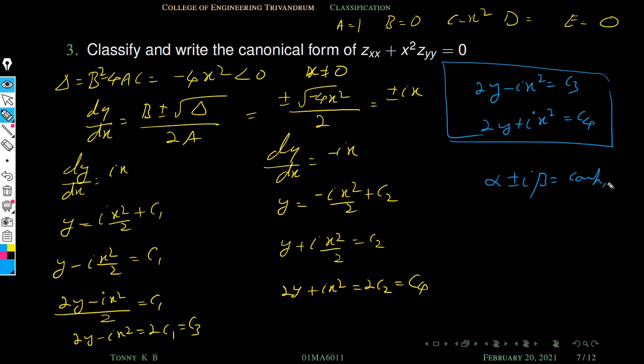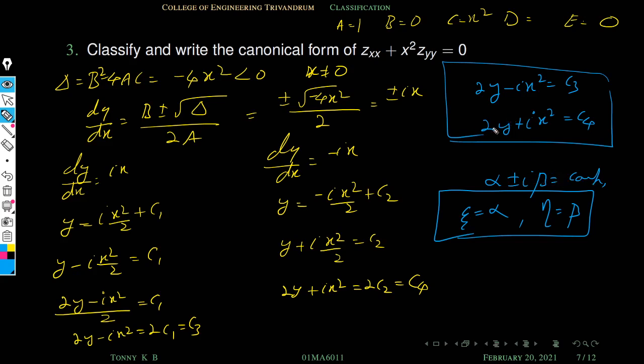So one method of choosing the transformation functions is, we choose the first transformation function psi as alpha and the other one as beta. This is one technique for finding transformation functions for an elliptic function.